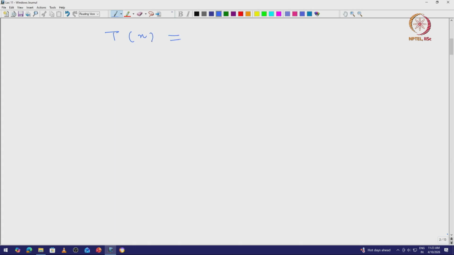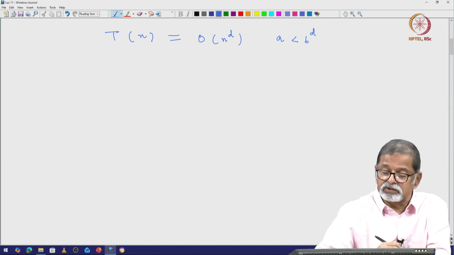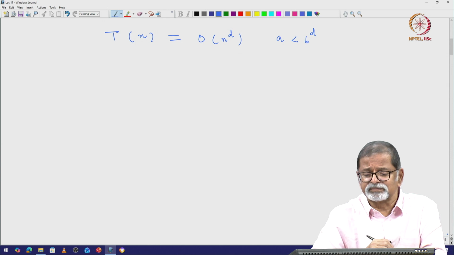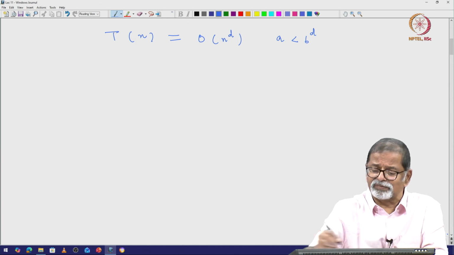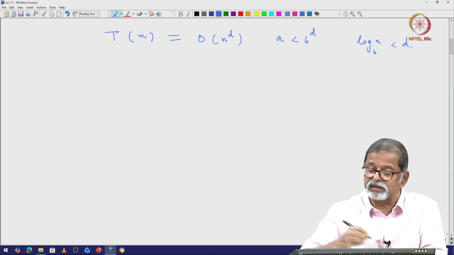T of n is order n power d if A is less than b power d. So the value A and b power d are compared. Another way of saying this is log A to the base b is less than d.